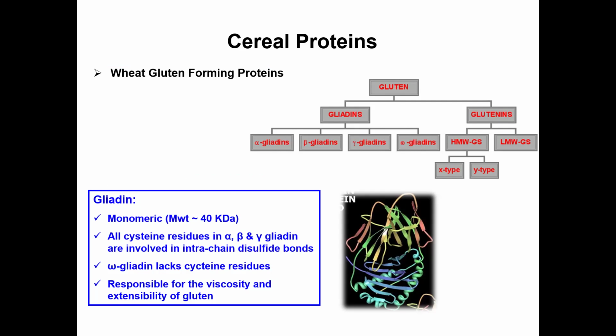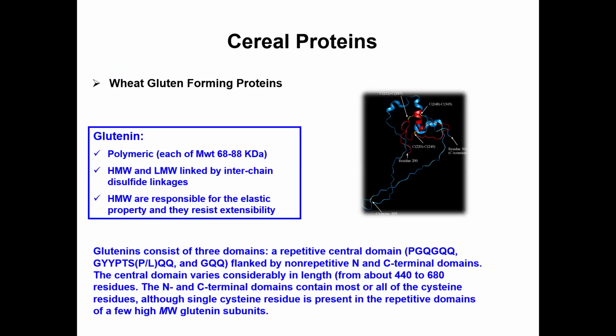In wheat, you have more of the high molecular weight glutenins. The glutenin is polymeric, meaning it forms disulfide interchange with other glutenin molecules. They are responsible for elasticity. They resist extensibility, so a dough is perfectly formed when you have a little bit of gliadin and a little bit of glutenin, hence the viscoelasticity.